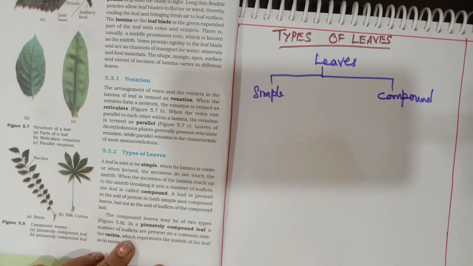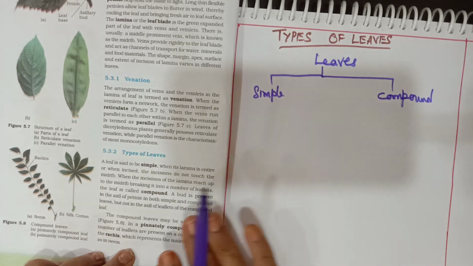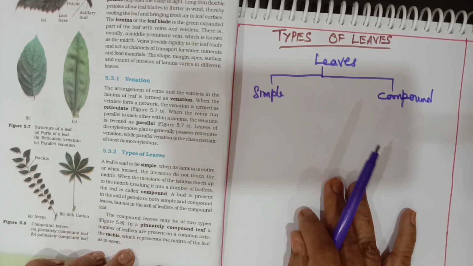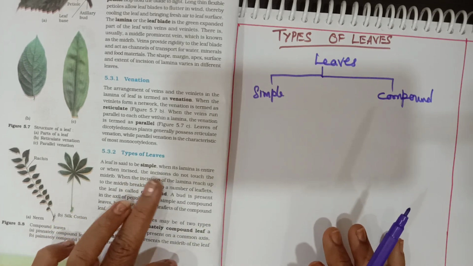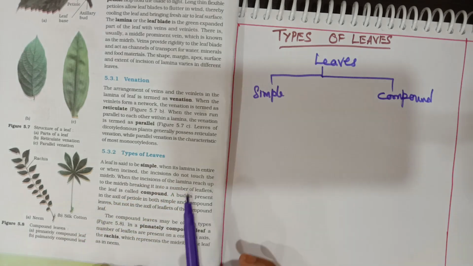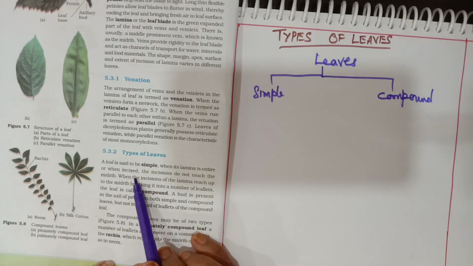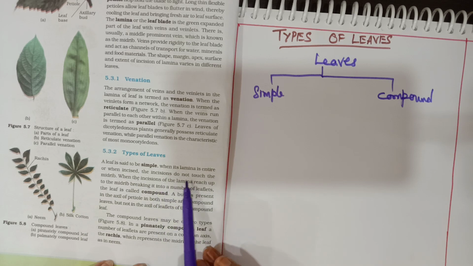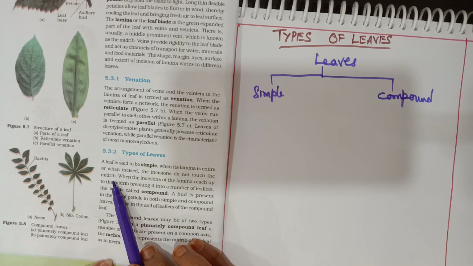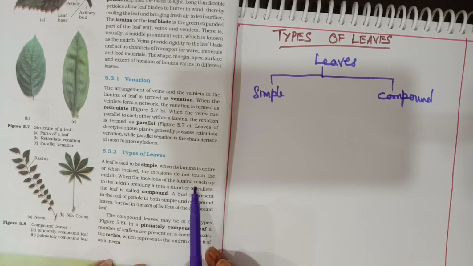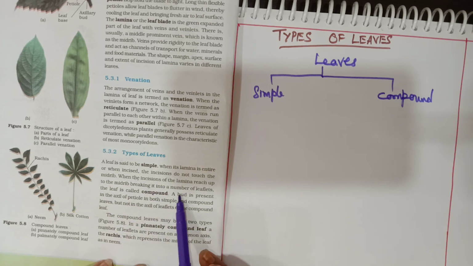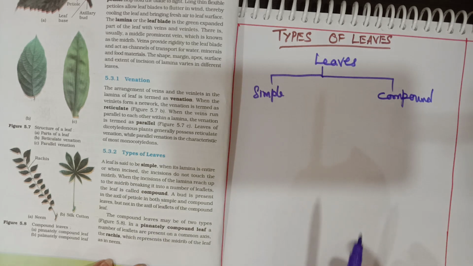My main intention is that when you read the textbook and listen to the explanation, you should not have any confusion. A leaf is a simple leaf when its lamina is entire or when incised, the incisions do not touch the midrib. And when the incisions of the lamina reach up to the midrib, breaking it into a number of leaflets, we call it a compound leaf.